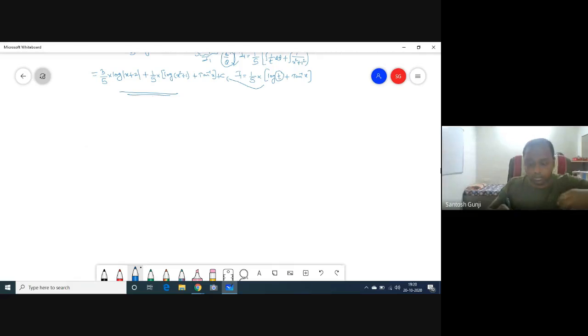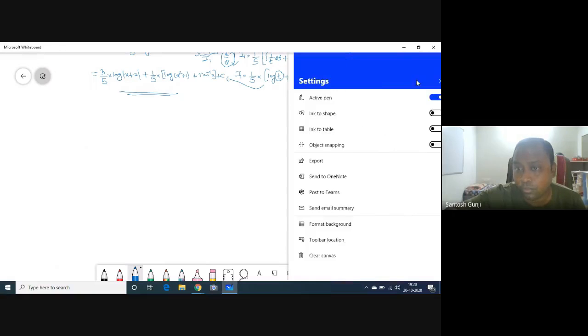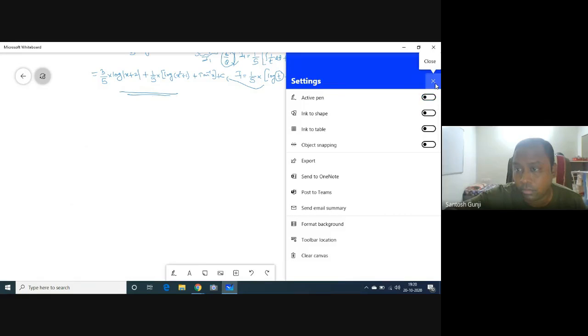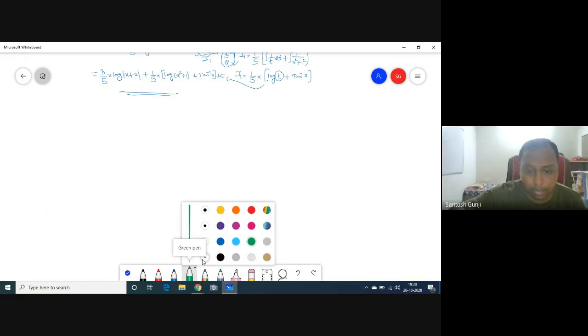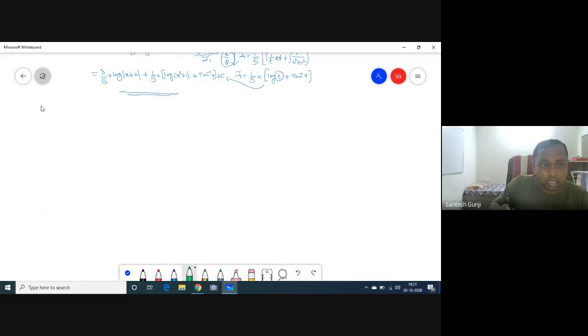Yeah. I'm taking example number 15 right now. With a different pen, I will take. Yeah, it's from the NCERT textbook only. I'm taking example number 15.